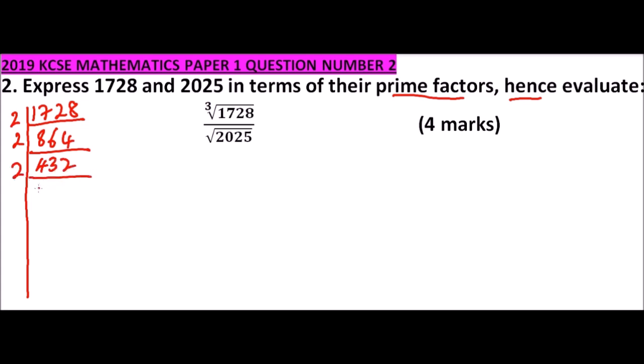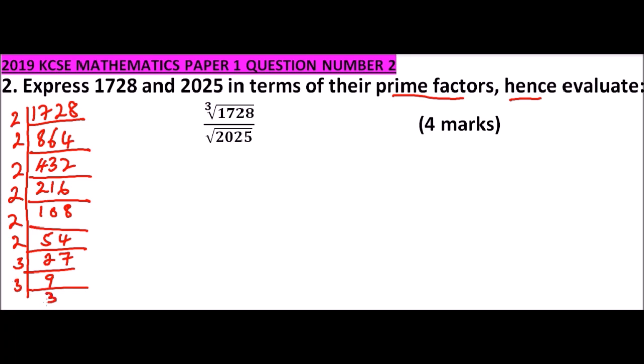You divide by 2 again, you get 216. You divide by 2, you get 108. You divide by 2, you get 54. You divide by 2, you get 27. Divide by 3, you get 9, and you divide by 3, you get 3.